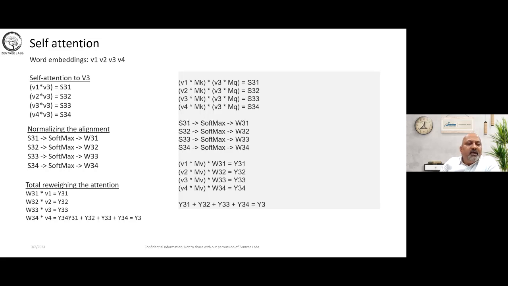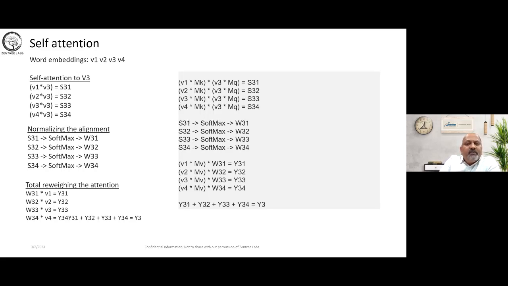Now, to make this more learnable, it is generalized. In the earlier case, V3 is acting as a query: how much is it correlated with the keys provided, V1, V2, V3, V4?